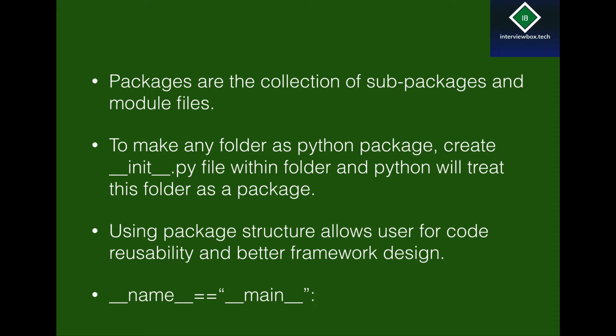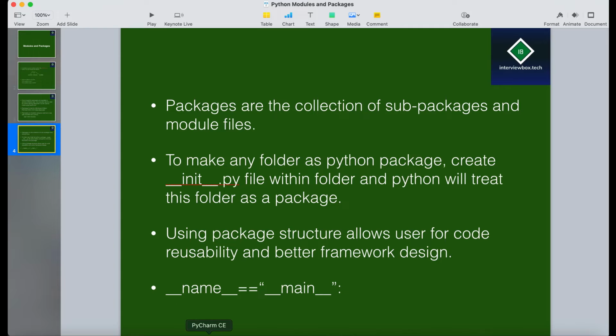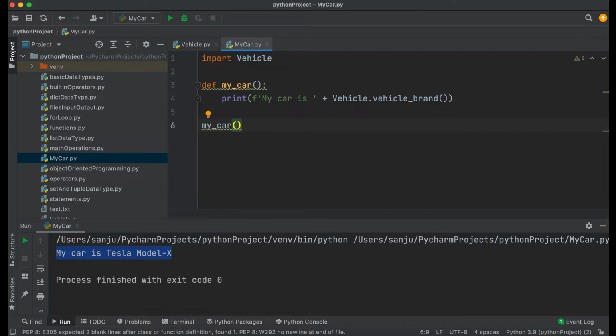So you just create a module file, you define all the functionality that you want to reuse, so you don't have to rewrite it again and again. Wherever you want that functionality, you just call that package or the module file and reuse that block of code in your program. So now let's go to Pycharm and look at the example of how you can create your own package and how you can reuse that code.